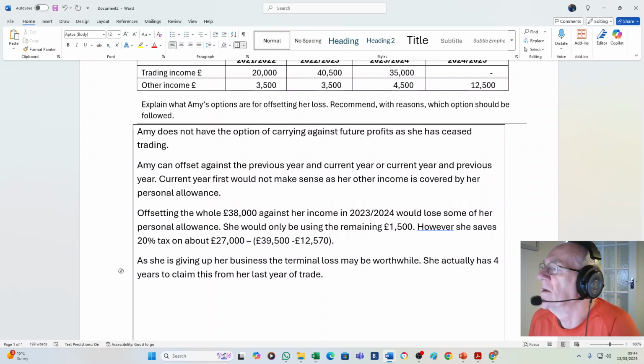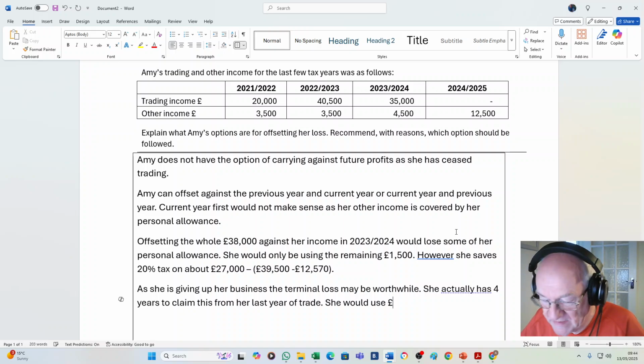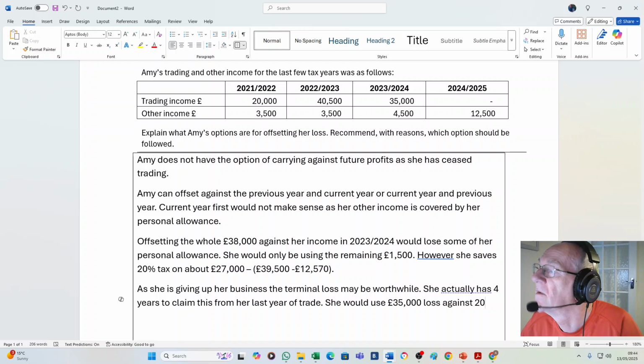So what we're going to do is on a LIFO basis, last in first out. In other words, we go backwards. So she would use 35,000 loss against 2024.